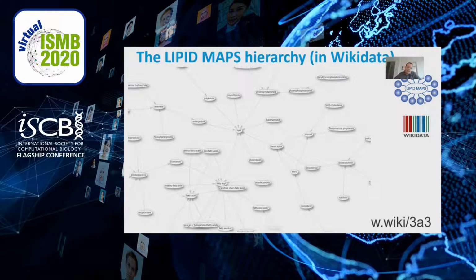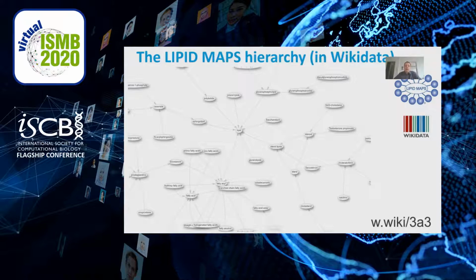Now, this graphical depiction of the hierarchy of the Lipid Maps ontology is actually taken from Wikidata. And the hyperlink in the bottom right, the w.wiki, you can enter that in your browser, and then you get a live version of this hierarchy.